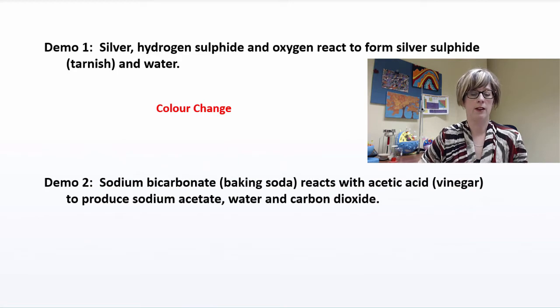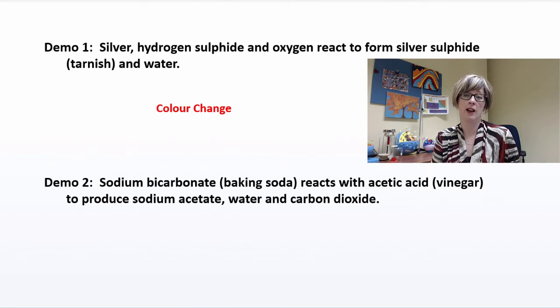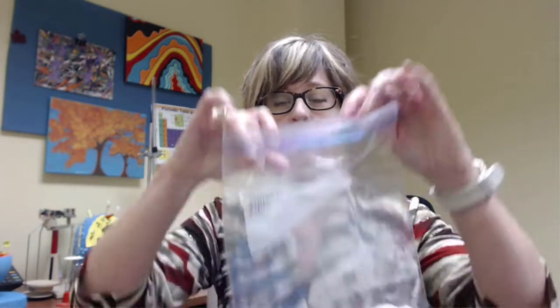Another thing that you could do at home, and it's quite safe, and you've probably seen it in many science fair projects, is producing a volcano effect using baking soda and reacting it with acetic acid, or vinegar. What I want to do is put it in a little Ziploc bag like this.